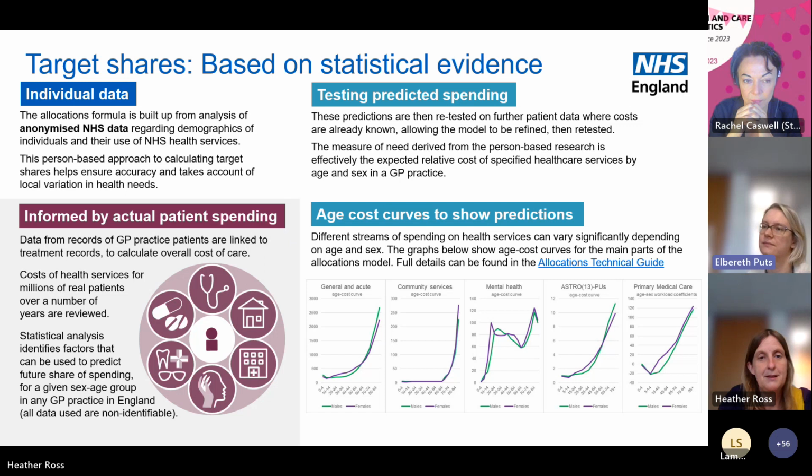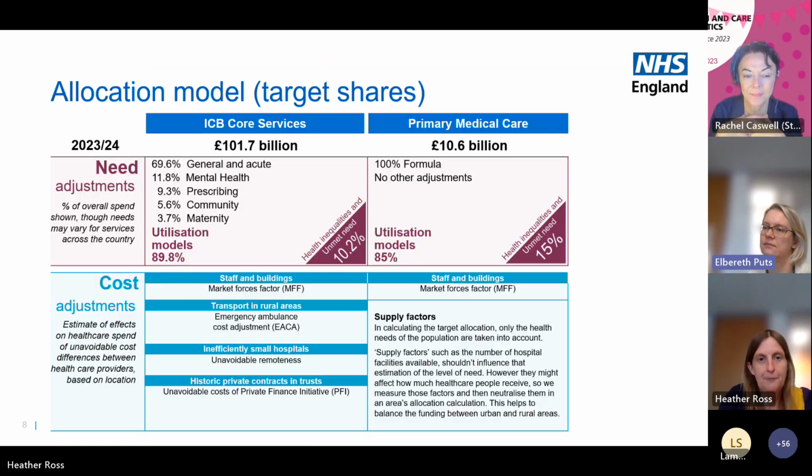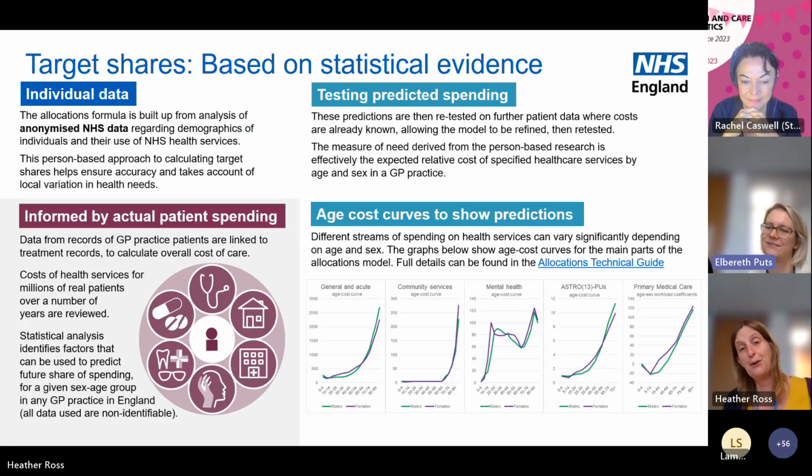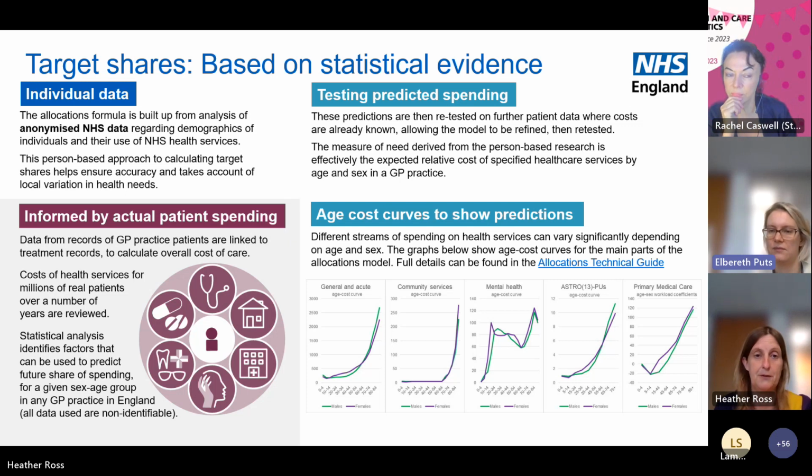So we have different models for different components of healthcare because need for different services is different for different populations. So you can see from the age cost curves in the bottom right hand side of this slide how need varies differently by age and sex for different services, and therefore that's why we have different models.